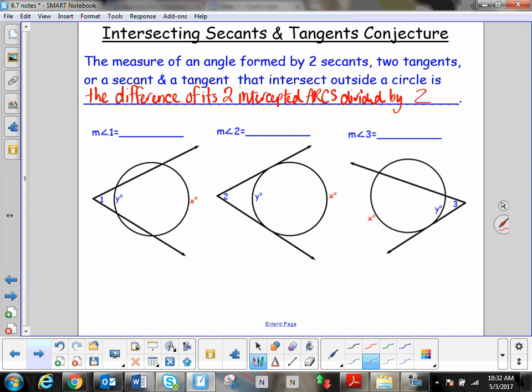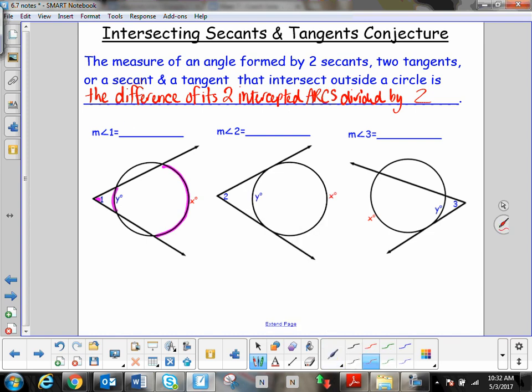So for instance here, angle 1. Its two intercepted arcs are arc X, which I have labeled as X degrees, and arc Y, which I have labeled as Y degrees. So angle 1 is related to those two arcs. And here's how the formula is going to go.